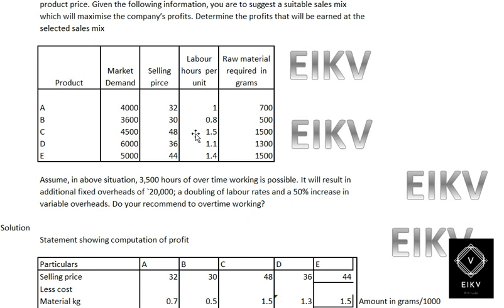Then they have given the selling price: 32, 30, 48, 36 and 44. Labor hours per unit: 1, 0.8, 1.5, 1.1 and 1.4. Raw material required in grams: 700, 500, 1500, 1300 and 1500.